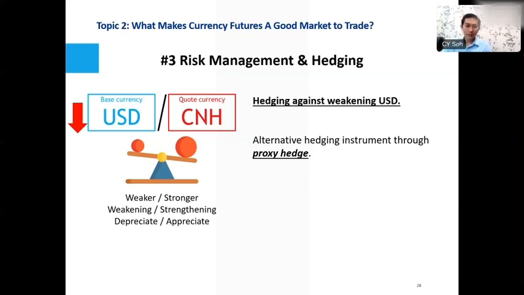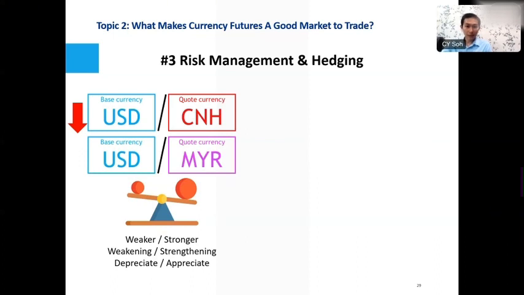Why? Because currently we don't have a US dollar against ringgit futures product for you to hedge, right? But you can actually take advantage of this FCNH to help you hedge against your US dollar portfolio. Let's have a look into this. So how can you hedge against a weaker US dollar? Since you have your FCNH, right, it means it is US dollar against CNH.